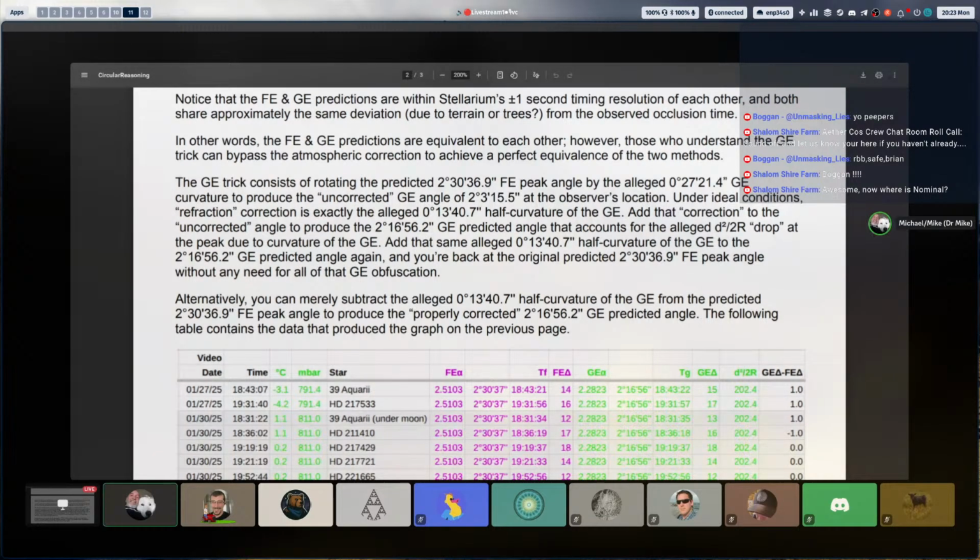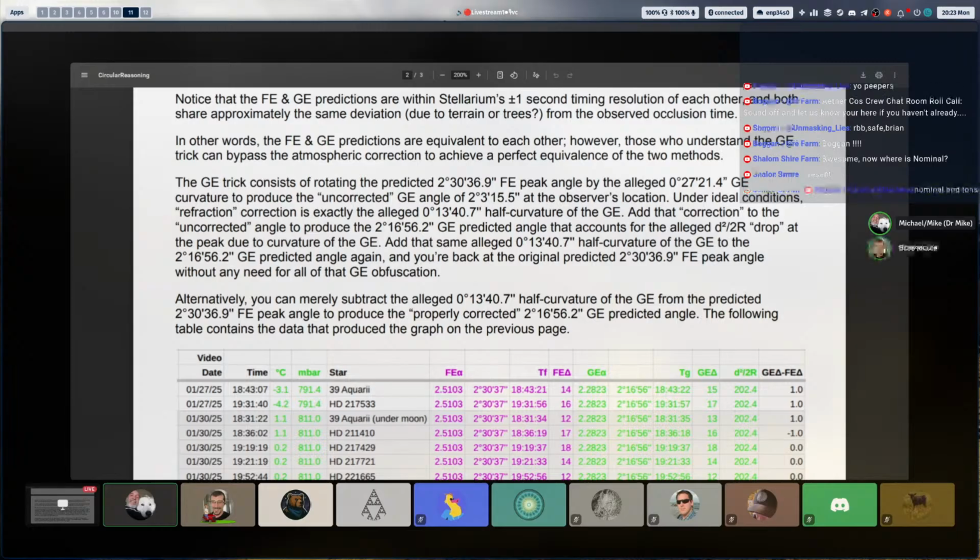And it's only half the curvature. And when they add that correction to the uncorrected angle, they get the 2 degrees 17 arc minutes that a terrestrial theodolite measures and that Stellarium predicts is the elevation of that star from the observer's location.